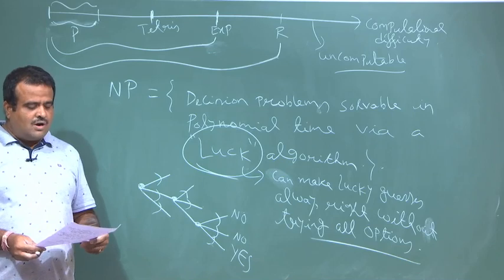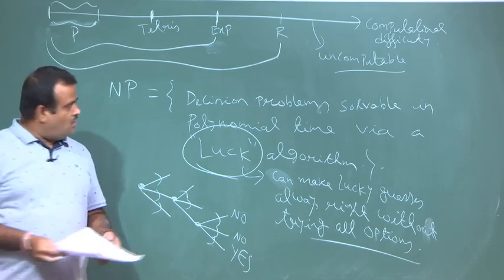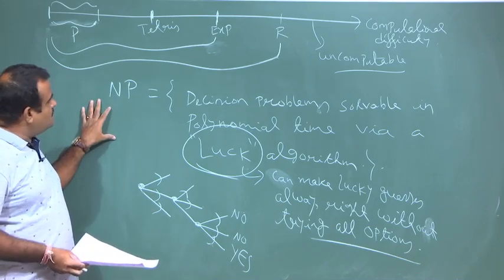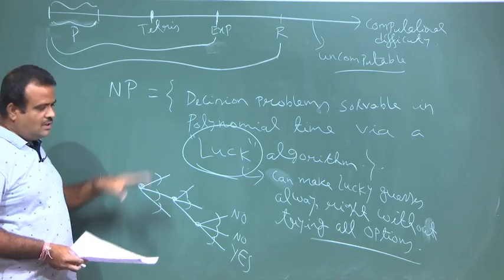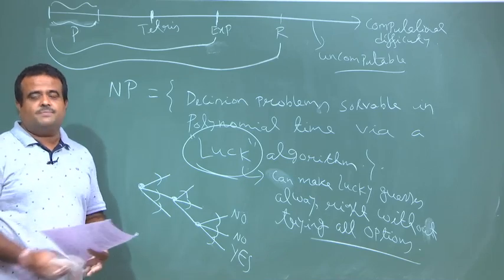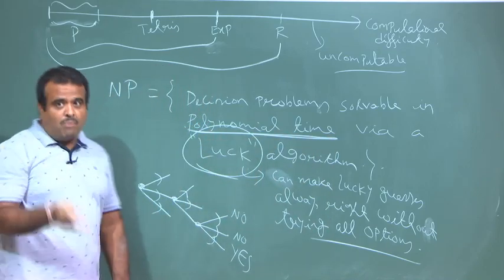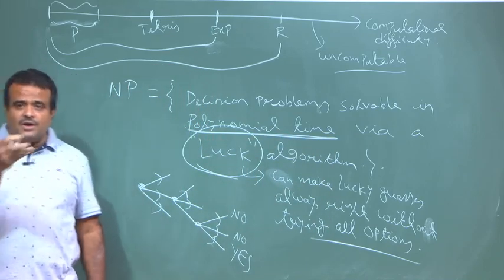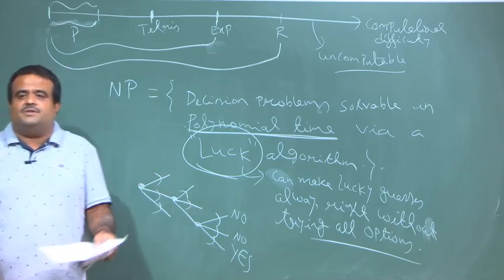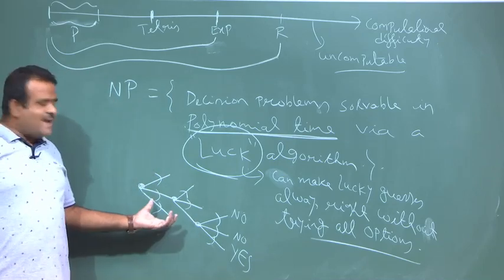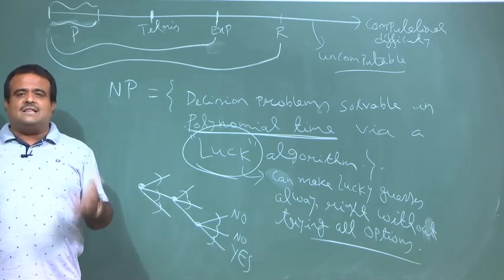Okay, so this is called a non-deterministic model. That is why it is called NP, non-deterministic polynomial. This is a polynomial time algorithm, but in a non-deterministic way. It is not deterministic, by magic we choose a lucky algorithm.